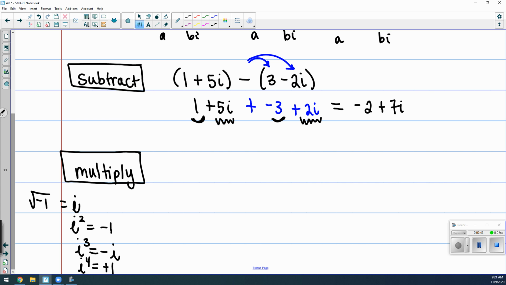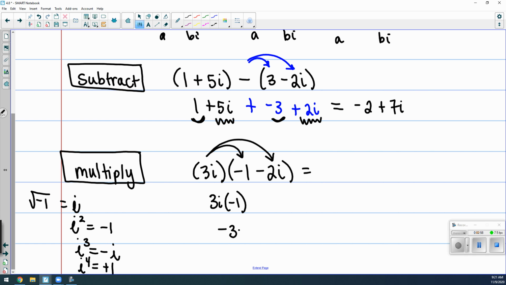All right, let's get to work. 3i times negative 1 minus 2i. We need to multiply. So I'm going to distribute in the 3i. 3i times negative 1 would be just negative 3i. And then 3i times negative 2i is going to be negative 6i squared.